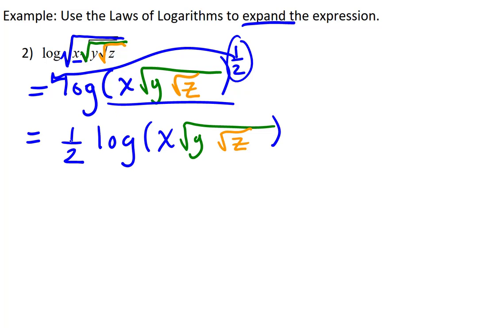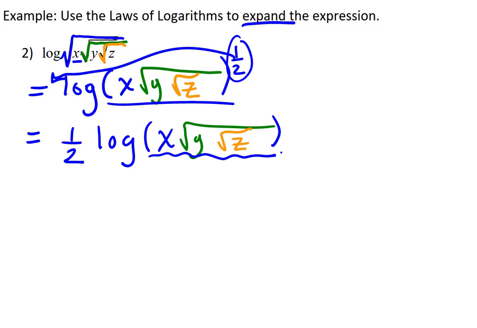Notice we have a couple other roots that remain. As this starts to unpack, we have to keep in mind that the input of the log, which is all the things left, x times the square root of y times the square root of z, still applies to any logarithm laws we have.